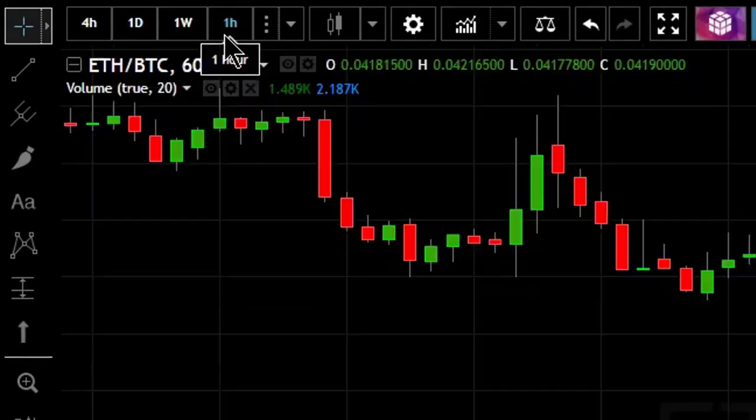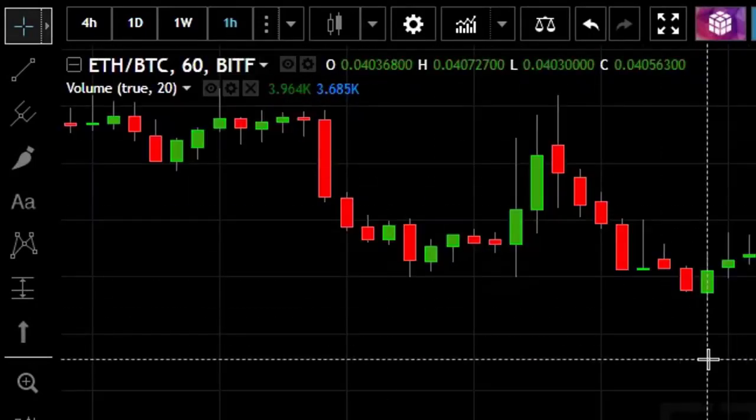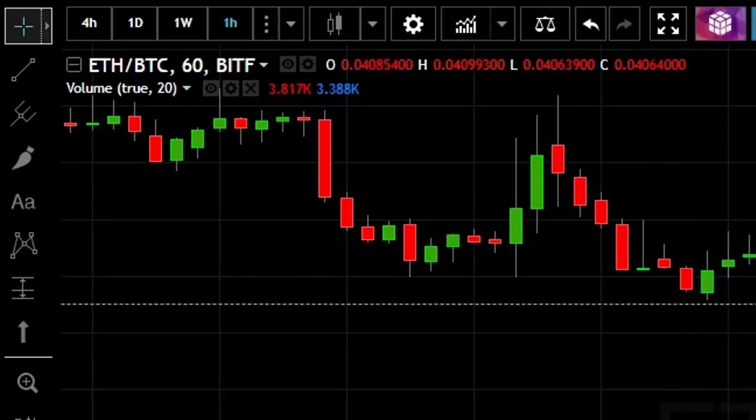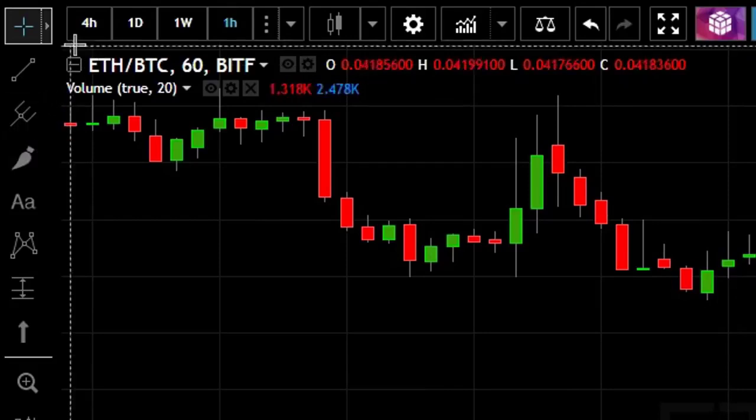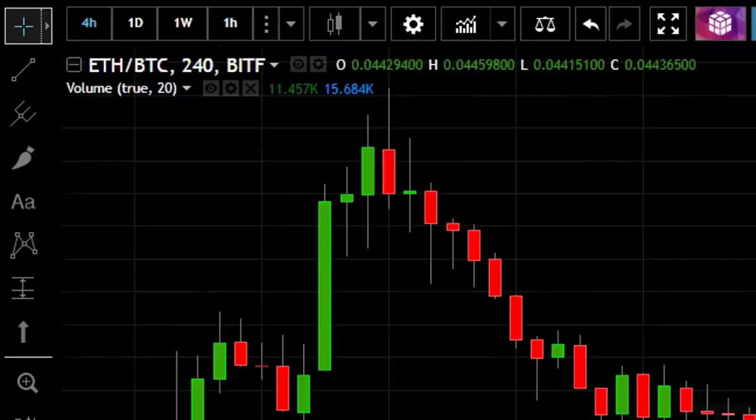Right now it's set to 1 hour, meaning every candle represents 1 hour worth of price movement. If we change it to 4 hours, that would be the same data, but combined 4 1-hour candles into a single 4-hour candle. We'll deal with time frames in a separate lesson.